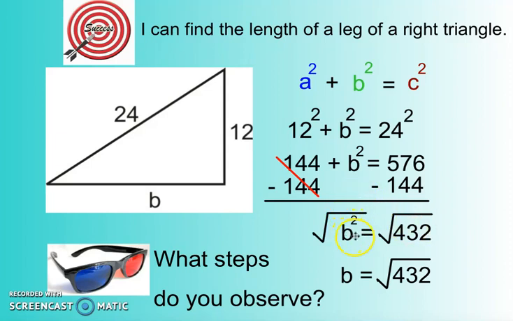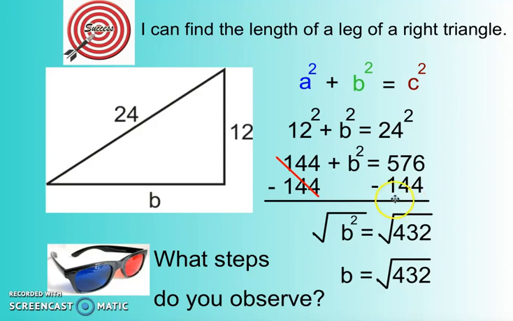Exactly. Do you notice that 432, remember, is after everything's been squared. And we don't want that as an answer. We want to know what the length is of b, not b squared.